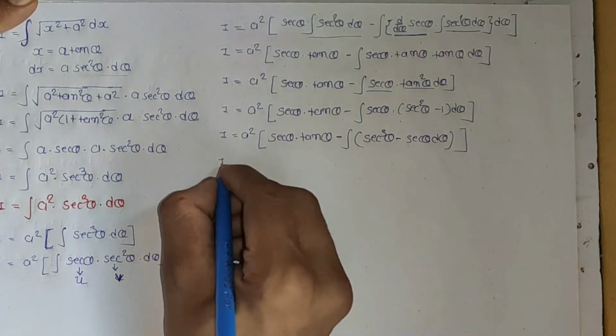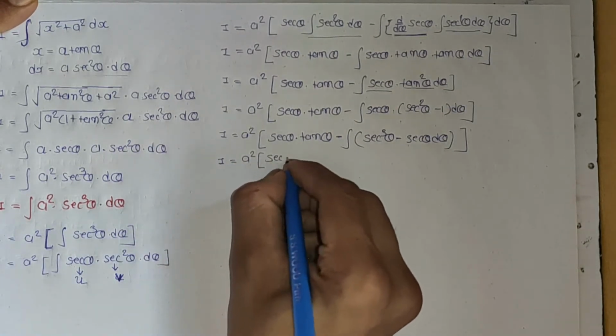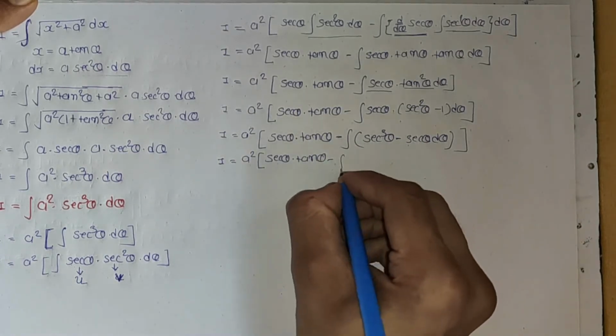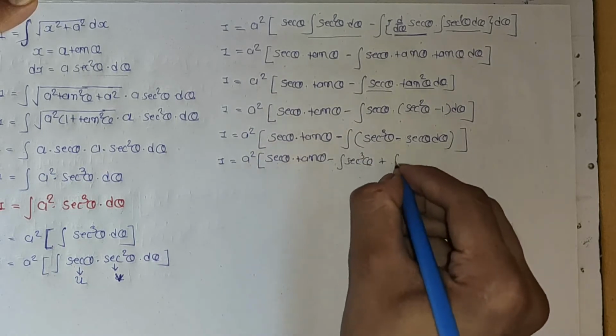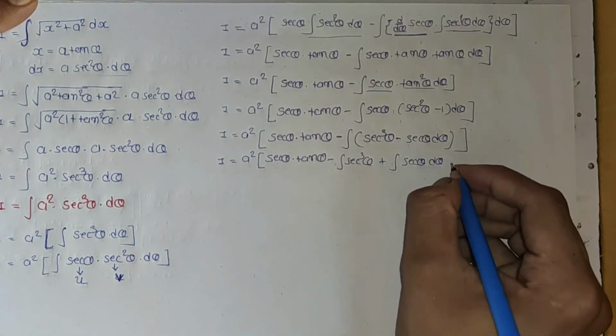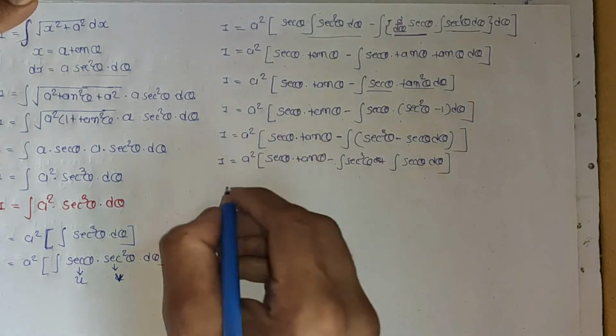Okay, I equals a square, sec theta tan theta minus integration sec cube theta plus integration sec theta d theta, okay, here also d theta, close the bracket.